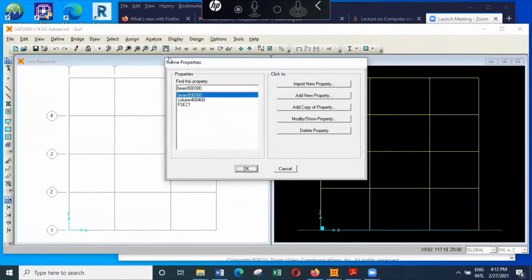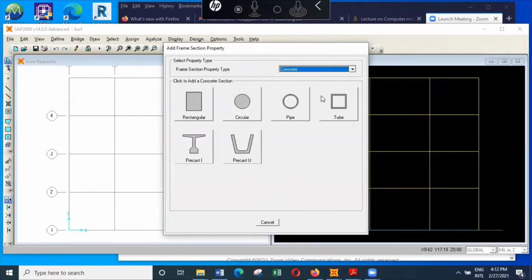frame sections, and I can add a new property.